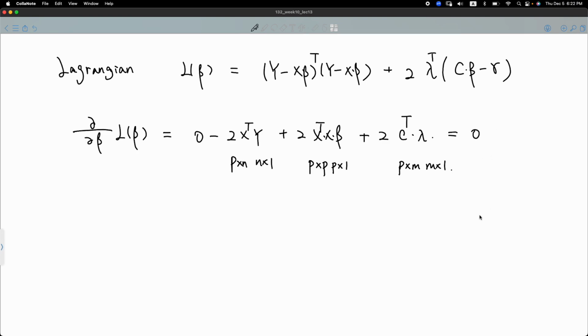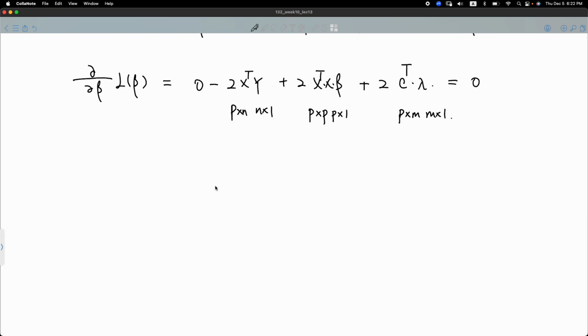Okay. So once you set that equal to 0, your result for the beta hat with a subscript c as a constraint will be the following. So x transpose x inverse, and then x transpose y minus c transpose lambda. Okay, so that is the solution at this stage.